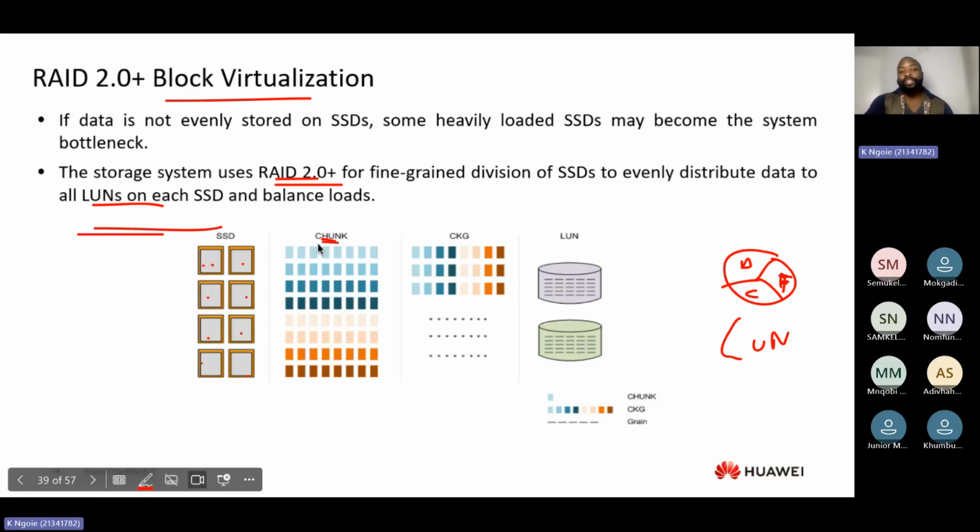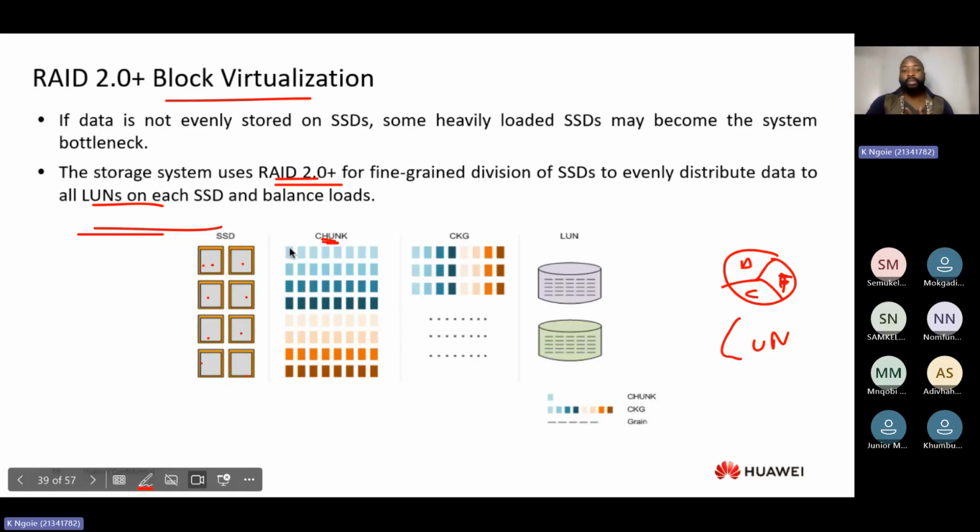That means that each SSD is sliced into small fixed-size units. For example, if this SSD was a 1 terabyte disk, maybe we divide it into 1 megabyte, 1 megabyte, 1 megabyte chunks. Those chunks, those CKs, are basically building blocks.